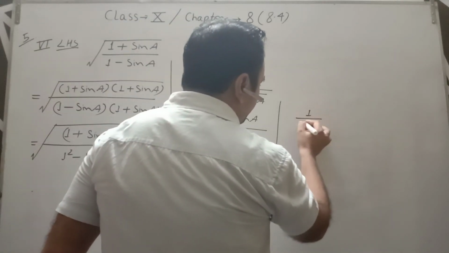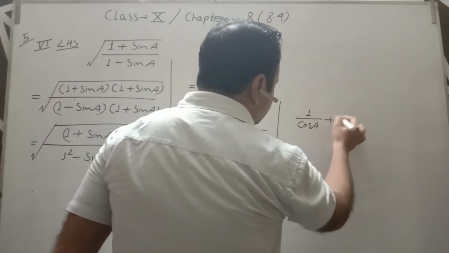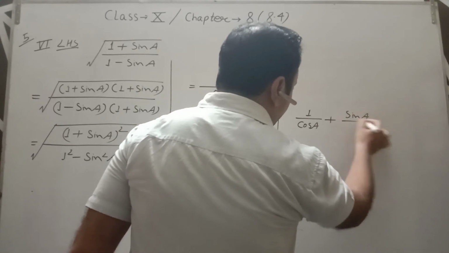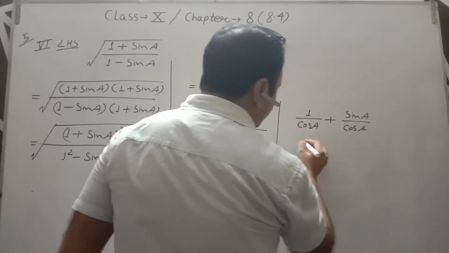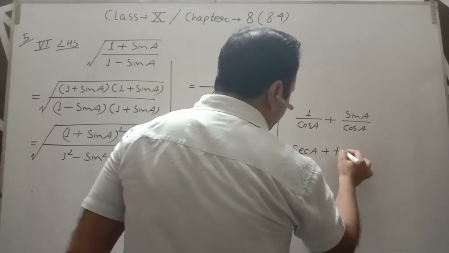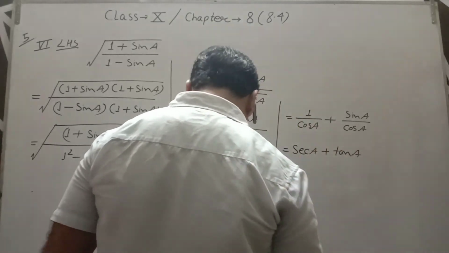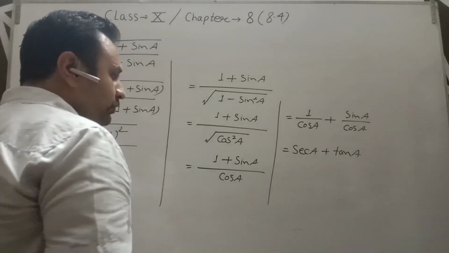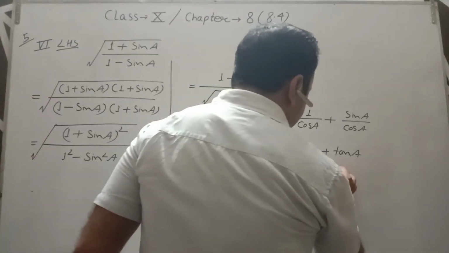So 1 upon cos A plus sin A upon cos A. 1 upon cos A is sec A, and sin A upon cos A, obviously tan A. And we have proved, and it is the RHS.